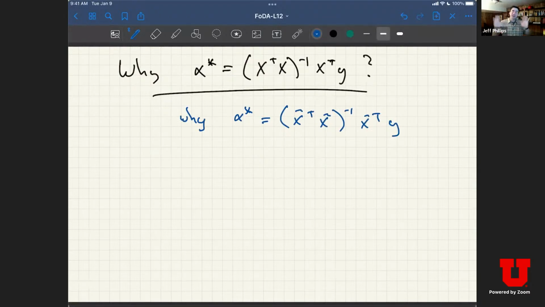If I'm just dropping the tilde, you can pretend maybe it's there, or maybe I don't solve for alpha 0 and assume it's 0, and then I can just drop it. I'll try and say which it means, but this is just for convenience of notation.